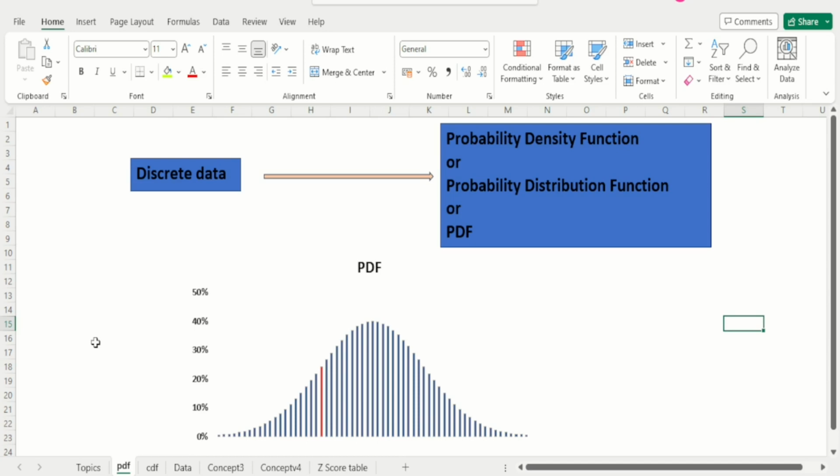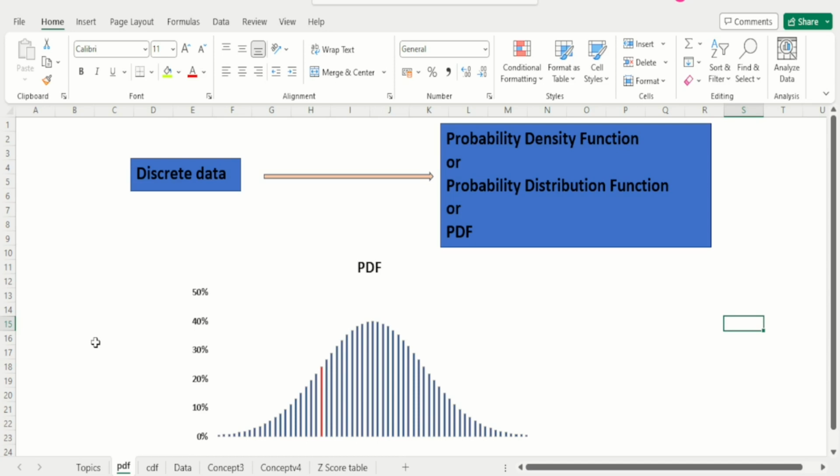So when you're looking at the PDF, what does it really mean? The PDF function gives you the probability density at a specific value of X. Since you're dealing with discrete data, you will have a specific point, like marking points on a number scale. If you want to find out the probability density at a specific point, that's where the probability density function is used.